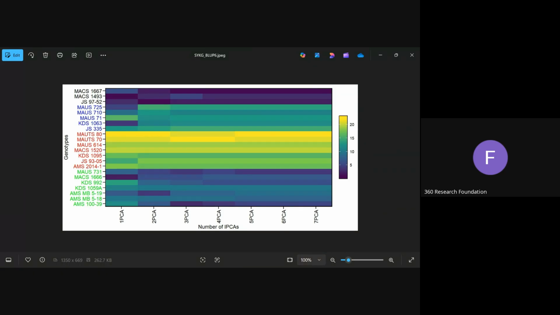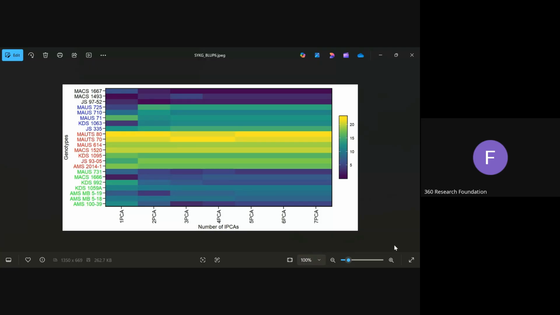Yeah, and then this is the heat map. So see, here on the left side, genotypes are grouped into 4 clusters or 4 groups. This is also one of the parts of the WAAS model.